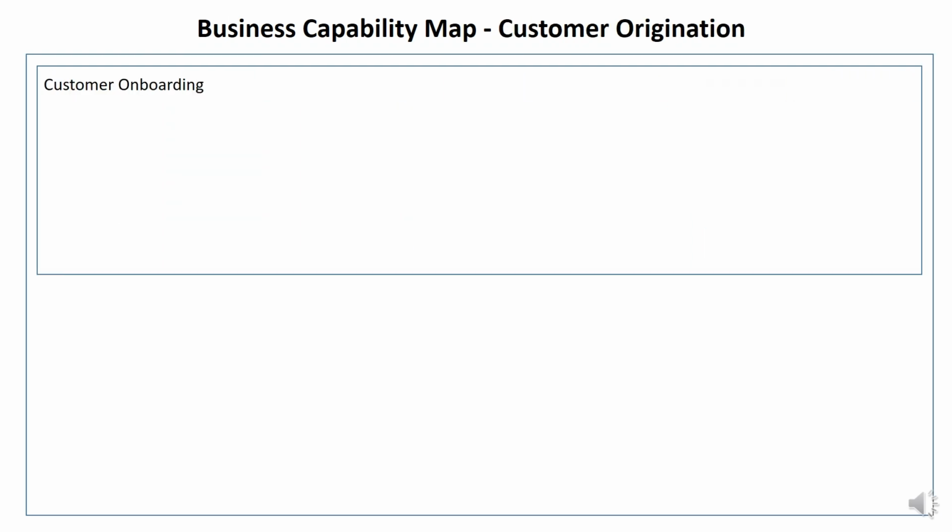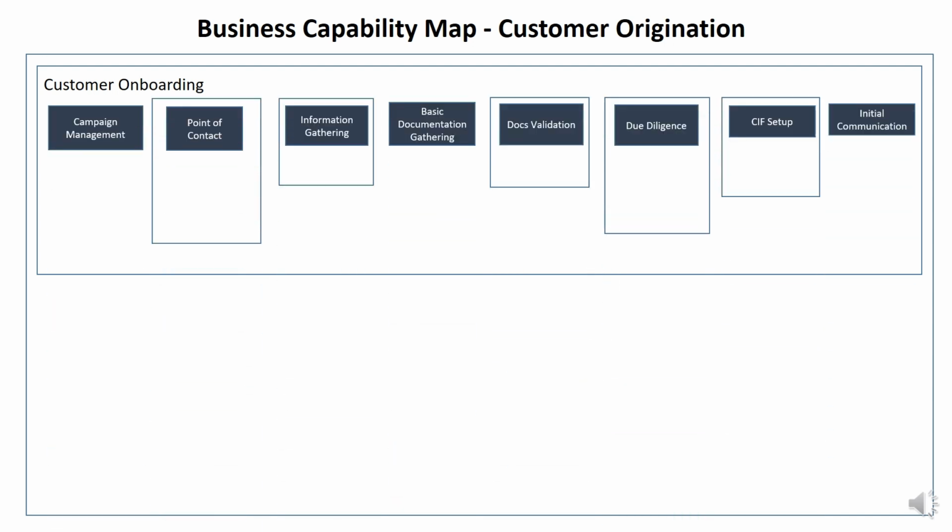It doesn't end here. We have to drill down the business capability mapping to the process level. So let's take an example, customer origination, and we have customer onboarding. To support customer onboarding, we have these components. For example, we start from marketing, so campaign management, point of contact, information gathering, documentation, document validation, due diligence, gift setup, and initial communication.